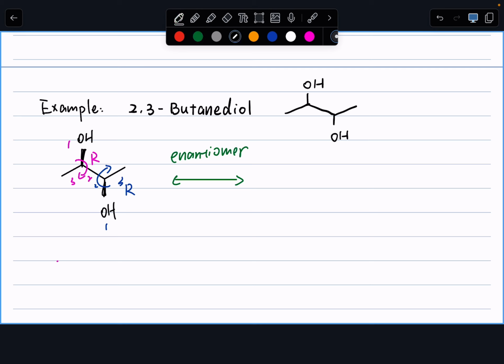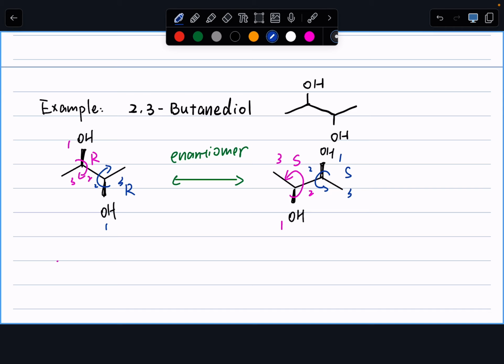That looks like this, and my oxygen comes out. Let's see, 1, 2, 3. That's my S. 1, 2, 3. Also my S. So far so good. We have a pair of enantiomers.